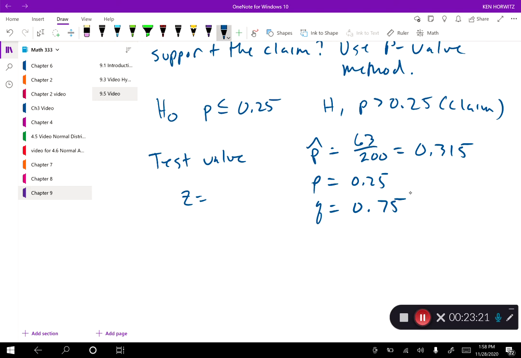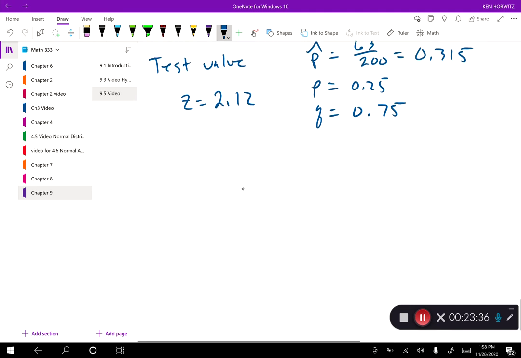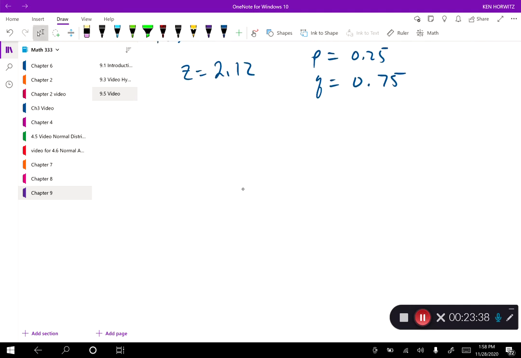All right. Let's see what our test value is. When I worked it out, I got 2.12. And now we need to go to 2.12 on our chart. All right, I'm just going to separate this to get a little organized, right?